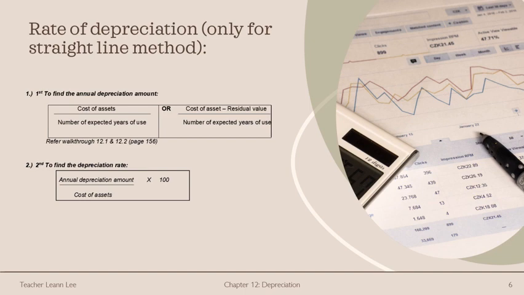Next, after you find your annual depreciation amount, you can find the depreciation rate, which is the annual depreciation amount divided by cost times 100. That is the depreciation rate. But remember, this only applies to the straight line method. Other methods cannot use this to find the depreciation rate.